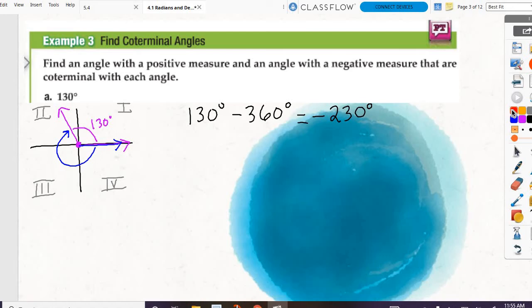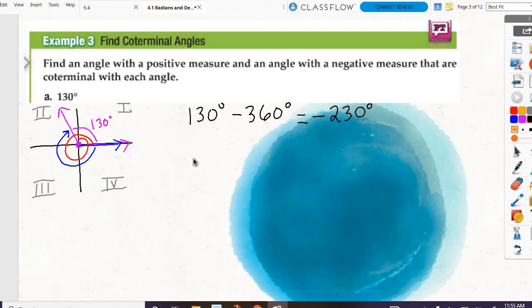So we can keep rotating as many times as we want, and you would just keep adding 360. So 2 full rotations would be what? 720. Y'all with me? We can do the same thing on our angles. So I can start in the same spot, rotate all the way around once, and still end up at that same terminal side.